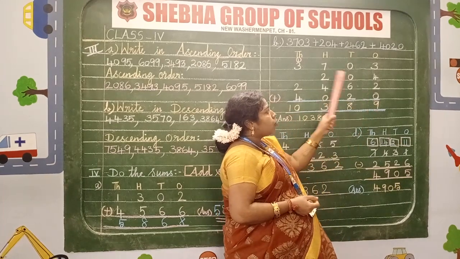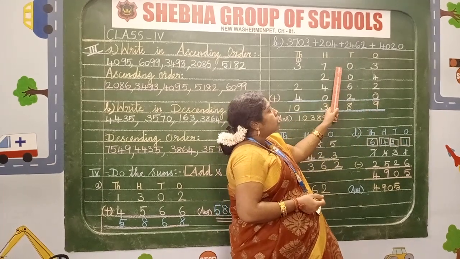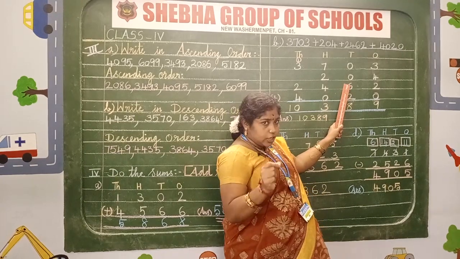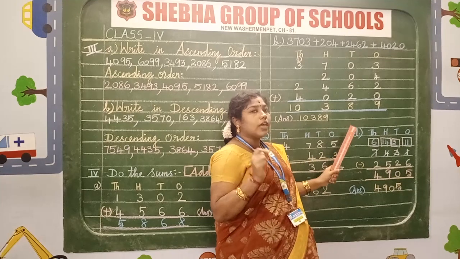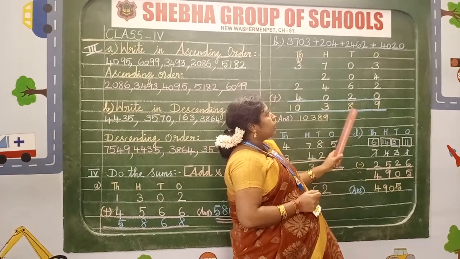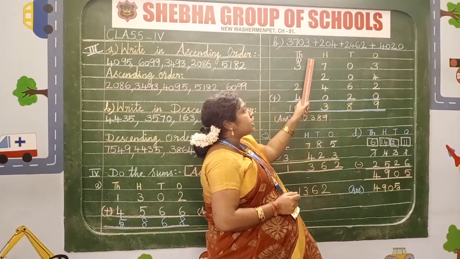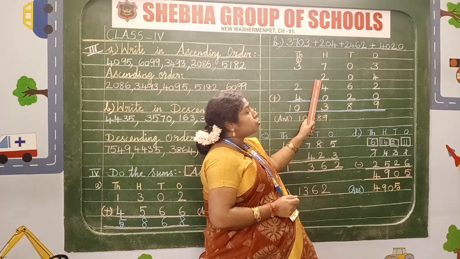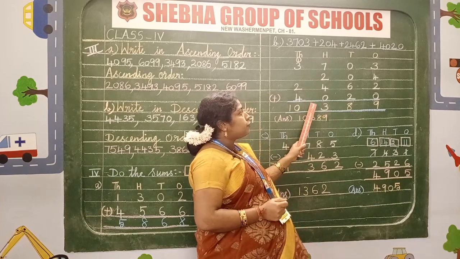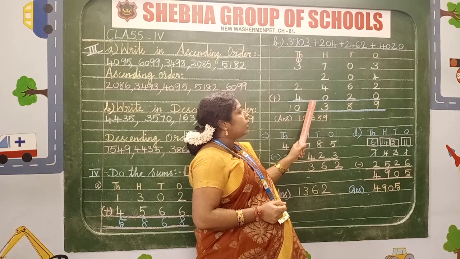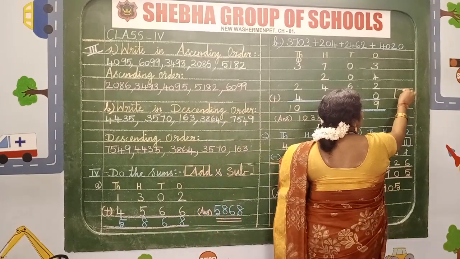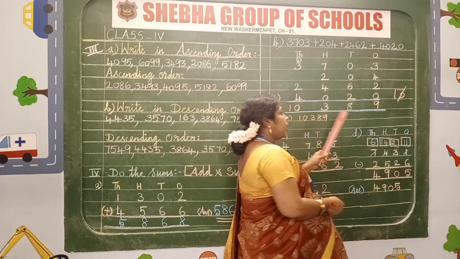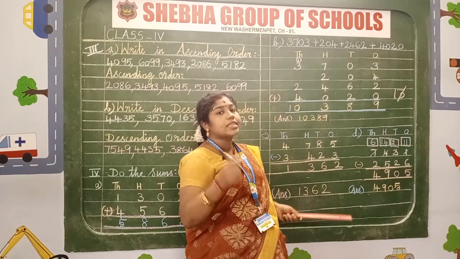Now we are moving to tens. 0 plus 0, 0. 0 plus 6, 6. 6 plus 2, 8. So write it here. And then we move to hundreds place value. 7 plus 2, 9. 9 plus 4, 13. 13 plus 0, 13. We can't write 13 as it is. So we write 3 here and 1 as carrying.